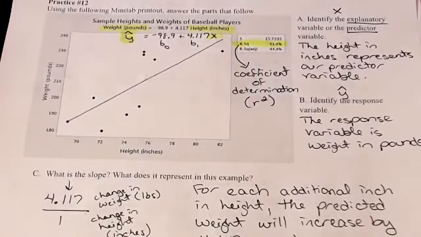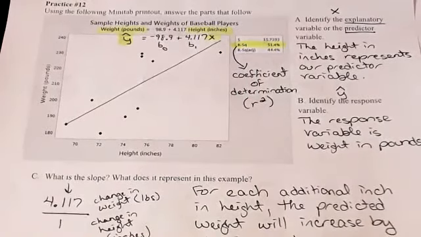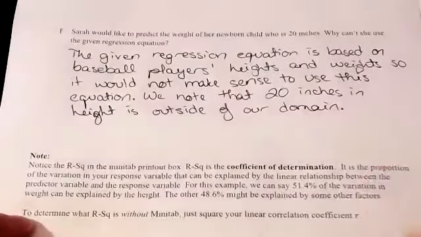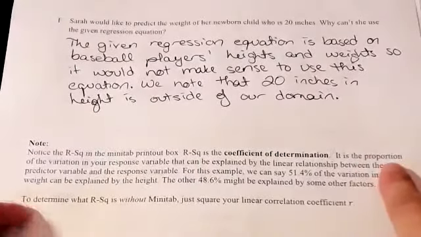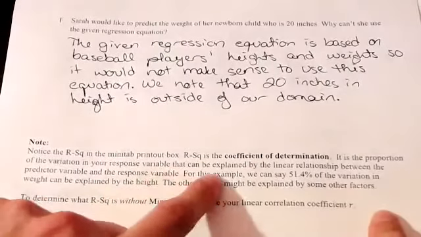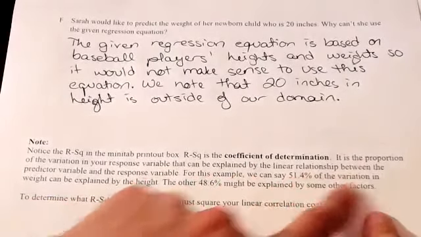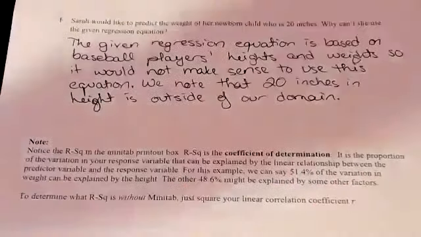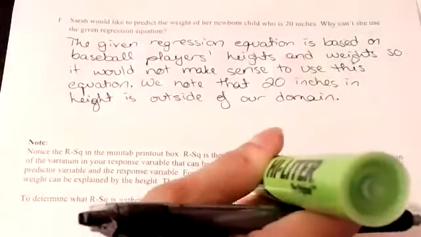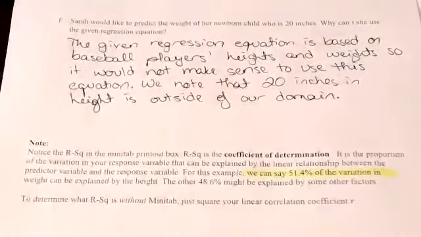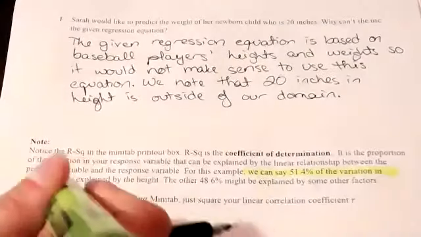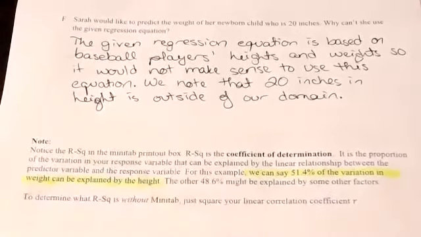Let me turn back so that you can read what this means. I typed it up for you. So I'm going to turn back to the note. It is the proportion of the variation in your response variable that can be explained by the linear relationship between the predictor variable and the response variable. So for this example, and I'm going to highlight this, we can say 51.4% of the variation in weight can be explained by the height.